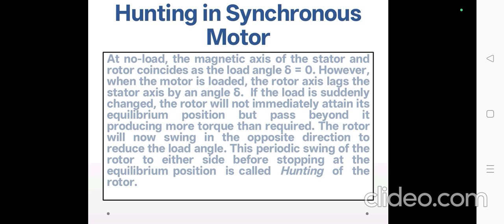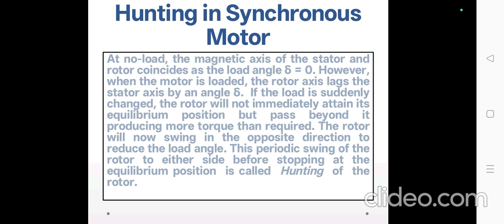This will produce more torque than what is demanded. This will try to reduce the load angle and the rotor swings in the other direction. So there is periodic swinging of the rotor on both sides of the new equilibrium position corresponding to the load.